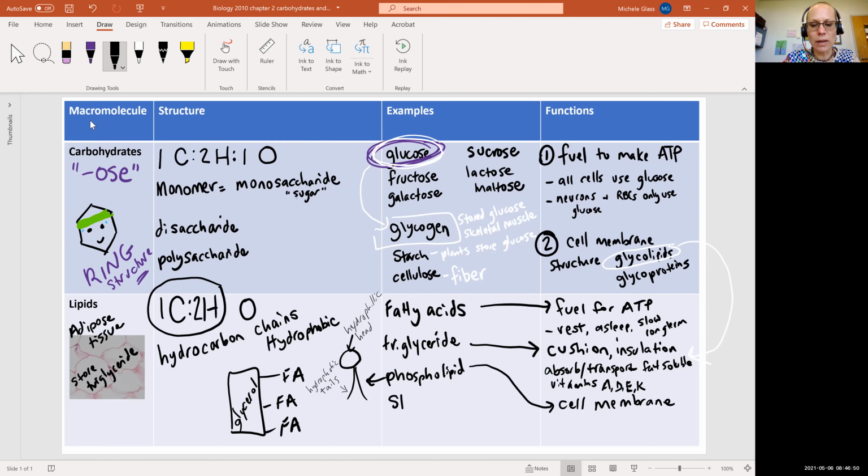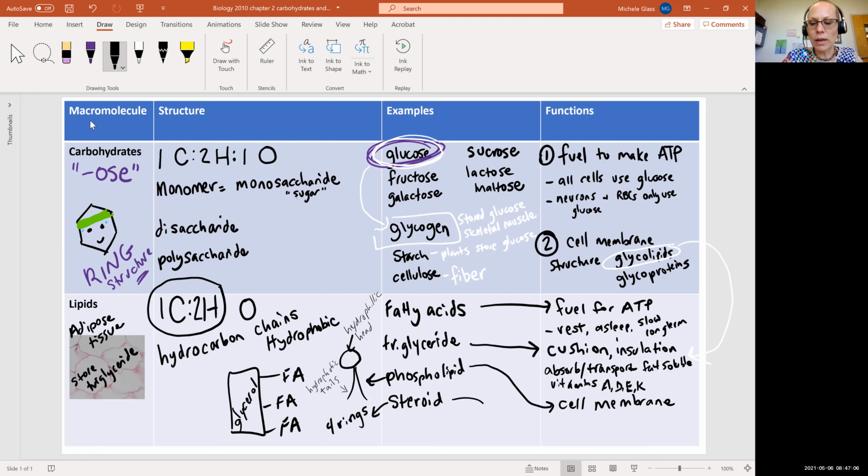So let's next look at the steroid. When we talk about the steroid structure, we'll see that it has 4 hydrocarbon rings.